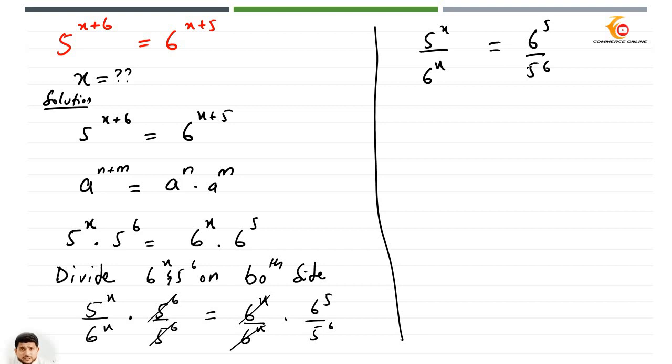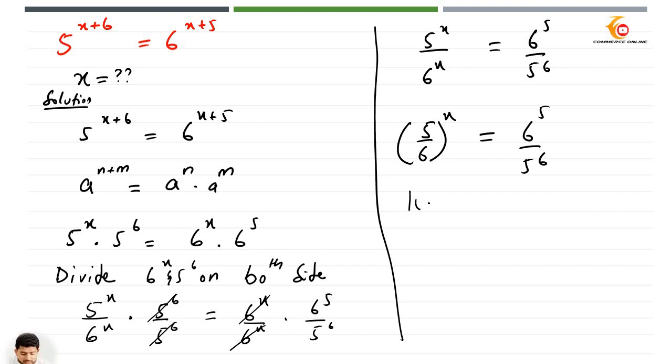Now the situation is almost very clear. What we will do, we'll just simply take the power common and write (5/6)^x equals 6^5 over 5^6.